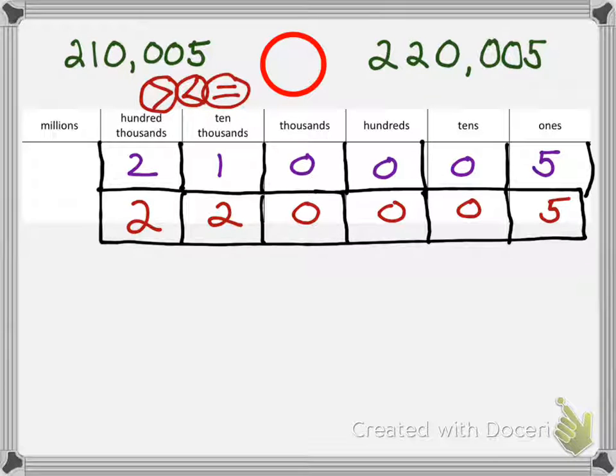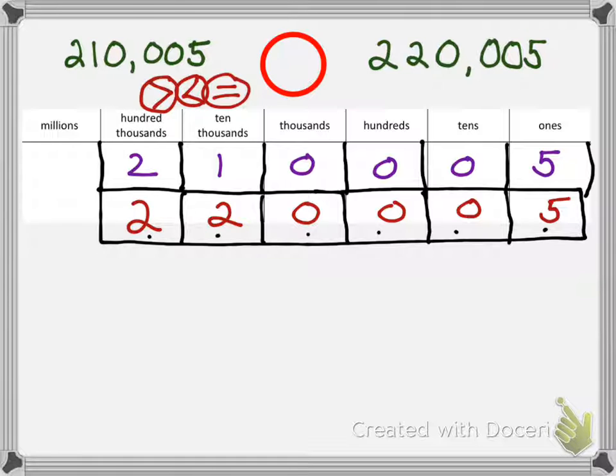First, we have to place each number in the appropriate column. So I put the 5, 0, 0, 0, 1, and 2, and then our next number, 5, 0, 0, 0, 2, 2, in the correct column. But now what we're going to do is compare these two numbers column by column by column.